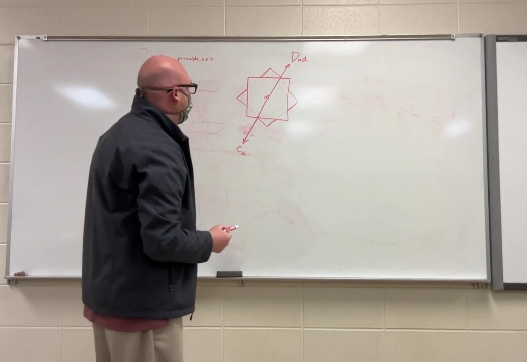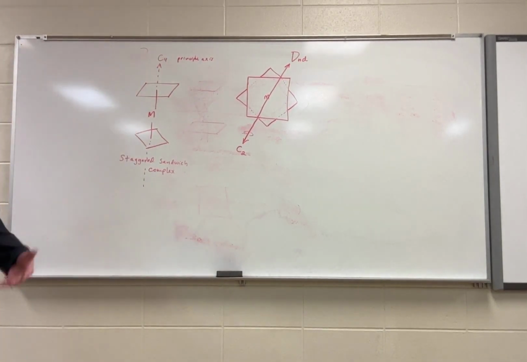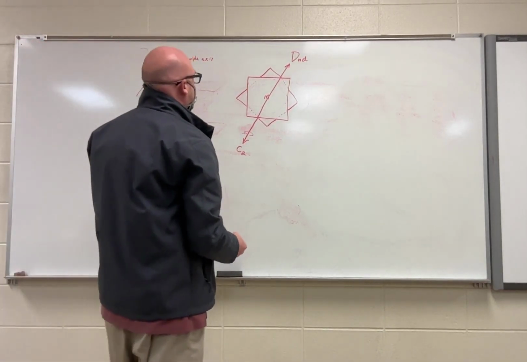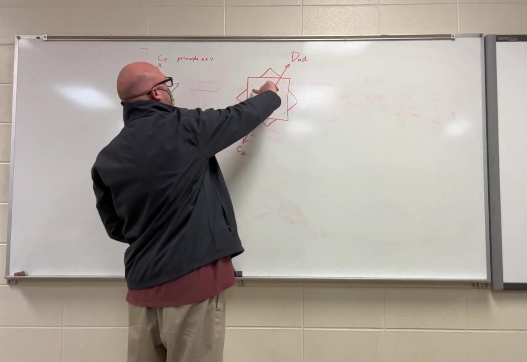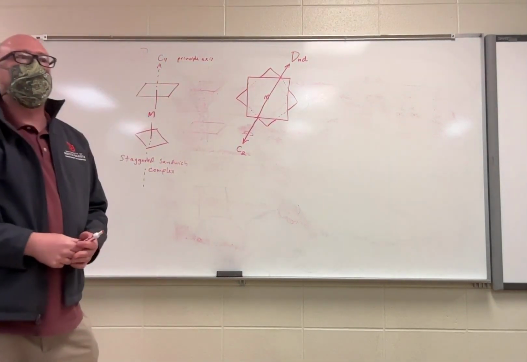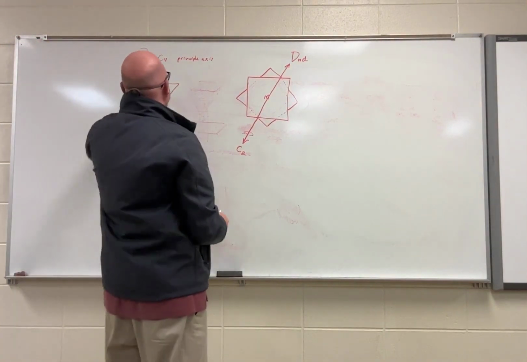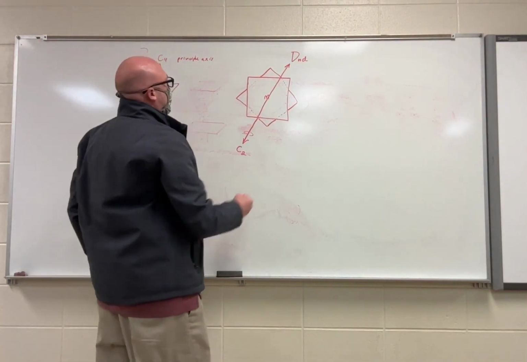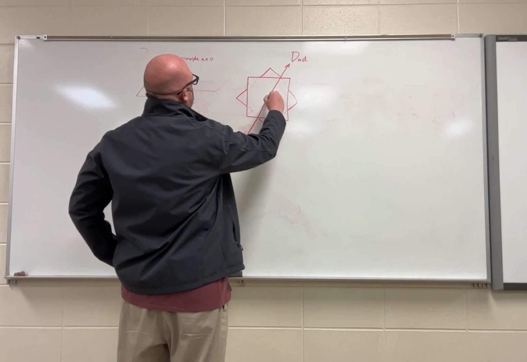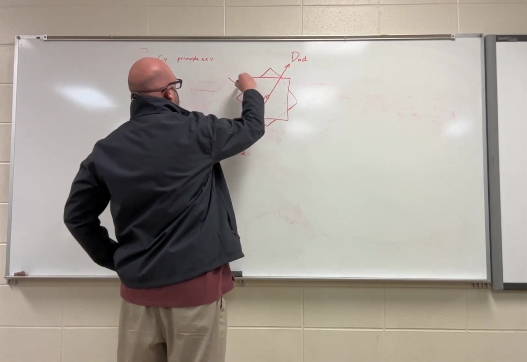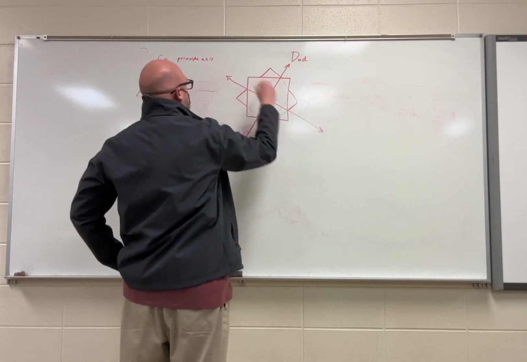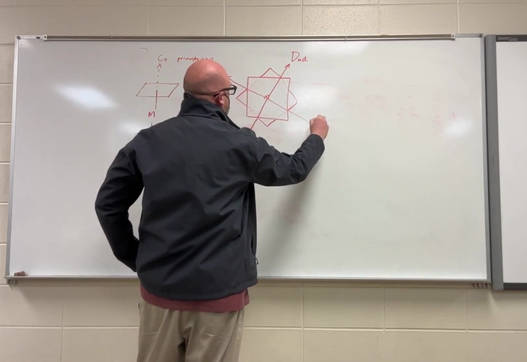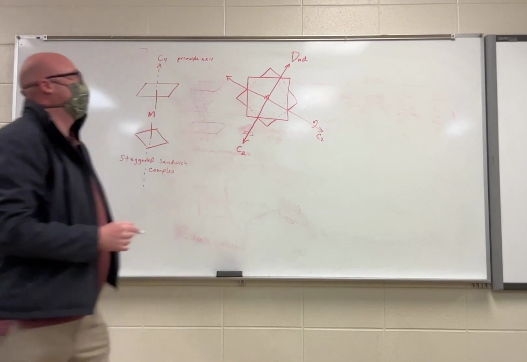Okay? So that is the C2 axis. Now you might imagine if I perform a C4 operation along this axis, then I generate the perpendicular C2, which goes like this. See that?